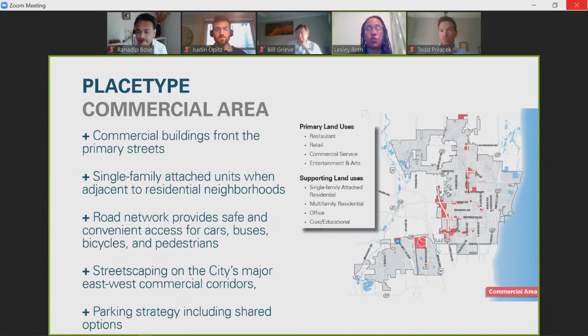Downtown Waukegan, as you know, has a very robust arts and culture scene that is supported by many organizations all across the city. So including that in the commercial place type supports diversification of that land use throughout the neighborhoods in the city. We also wanted to look at the road network, ensuring that it was safe, that it was multimodal, that it had public transportation, and that pedestrians and bikes were comfortable and connected along the roads.